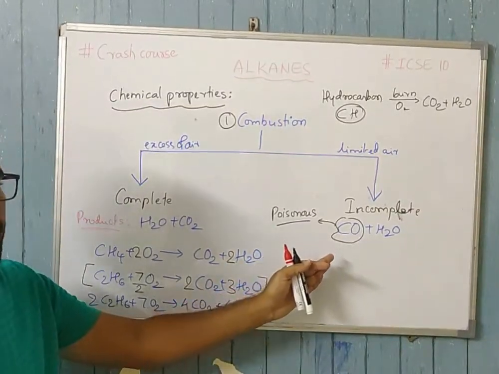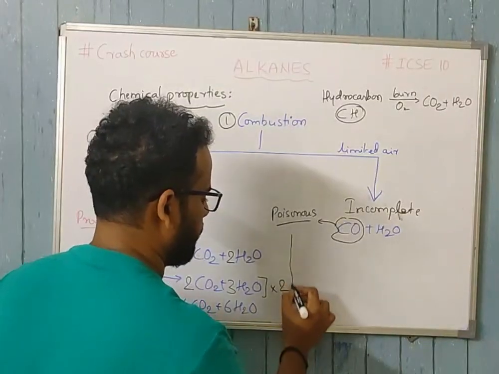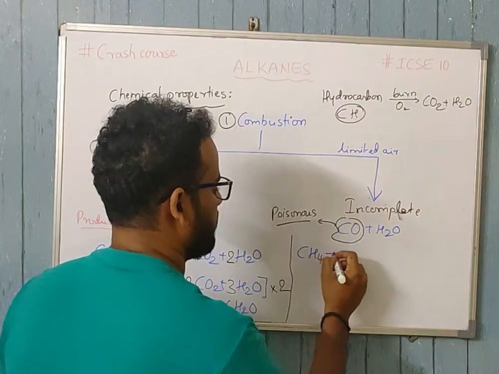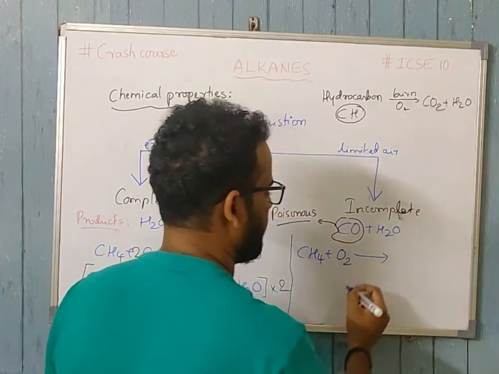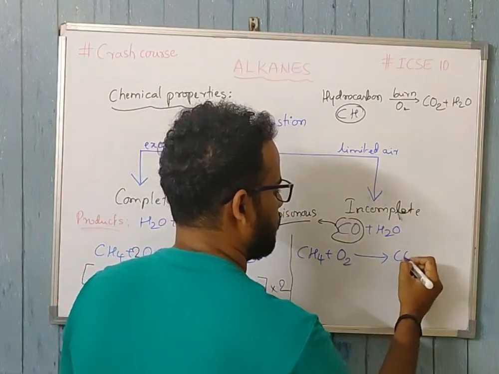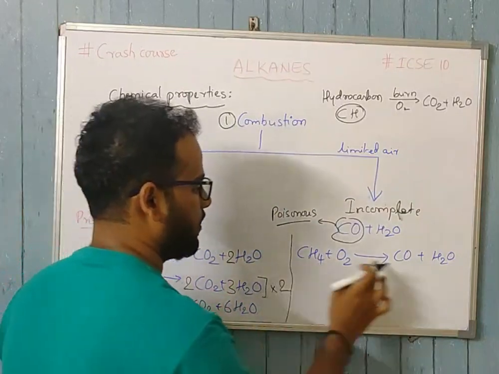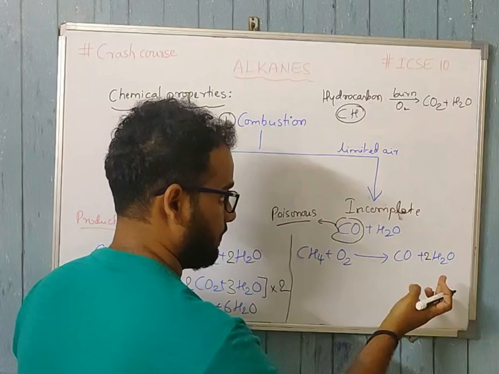Same way you can write for carbon monoxide also. Methane, incomplete combustion, that is insufficient or limited amount of air, you will get CO plus H2O. First balance the carbon, 1 and 1, hydrogen 4 here and 2 there. Oxygen 2 plus 1, 3, right?